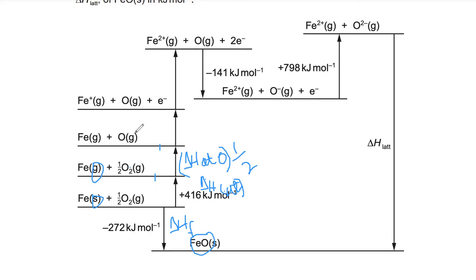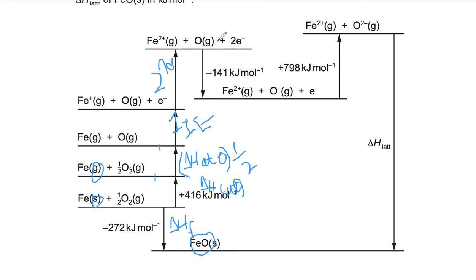Now from this equation to this equation, a cation is being formed, right? When a cation is formed from an atom, that's known as ionization energy. So this is the first ionization energy of iron, and over here they're forming another cation. This was Fe plus 1 and over here it's Fe plus 2, so this is the second ionization energy.